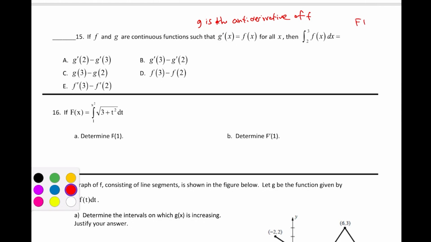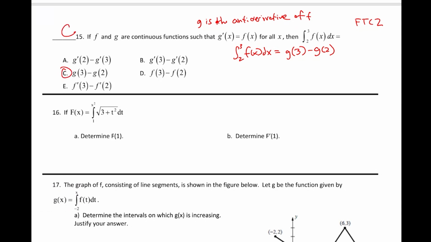So here we're going to use FTC2. The integral from 2 to 3 of f of x dx is going to equal the antiderivative, which in this case we just said was g. So g of 3 minus g of 2. And is that it? That's it. Okay, not much to that problem.